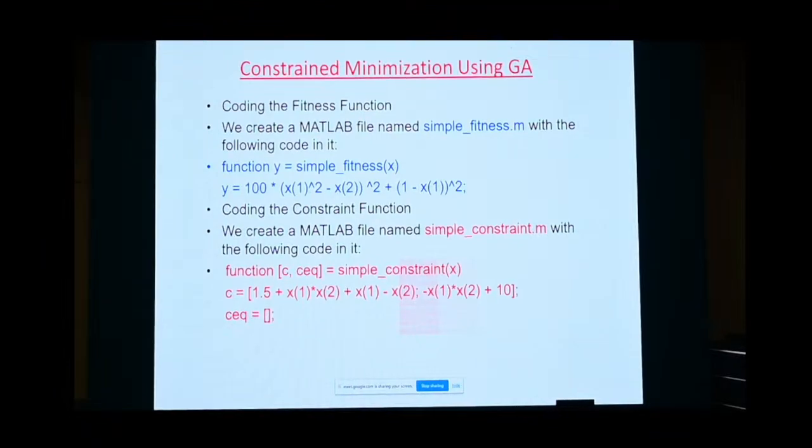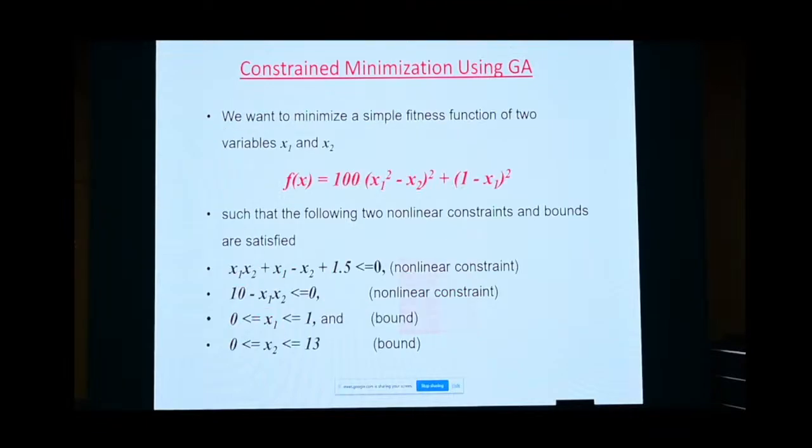Then the constraint is this one. You go to the previous slide. This one. So this constraint is x1 x2 plus x1 minus x2 plus 1.5 less than or equal to 0. So this is a non-linear constraint. So we will make it into two constraints.